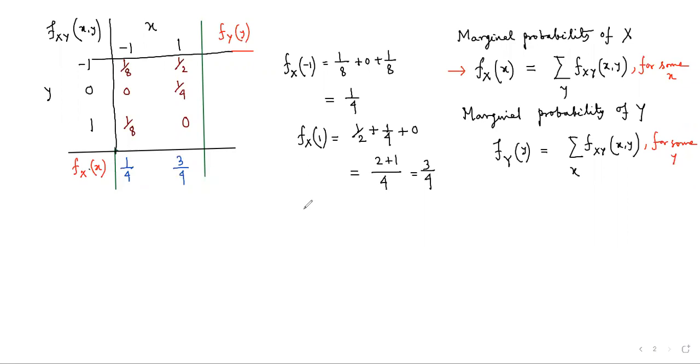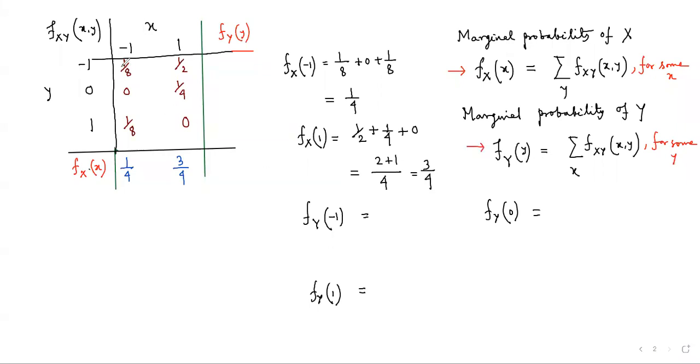Now I'm going to calculate the marginal probability of Y at the point -1. There will be 3 marginal probabilities for Y: at the point -1, at the point 0, and at the point +1. And the sum will vary over all possible values of X. So just look at this formula carefully.